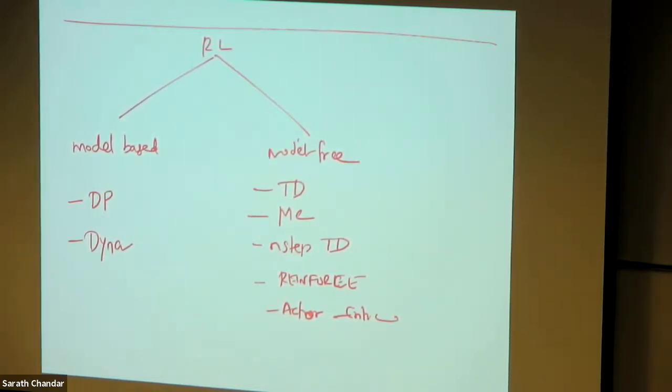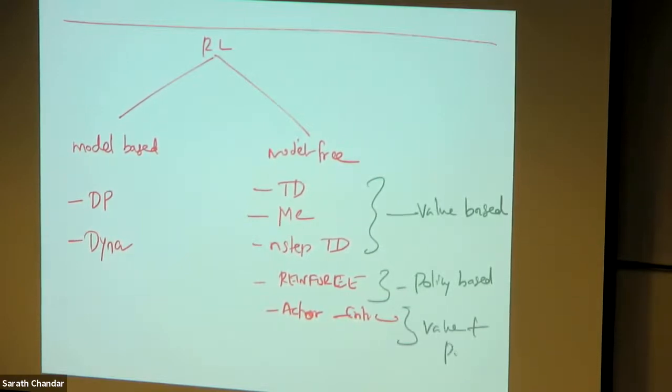This is one categorization. The other categorization is whether you are learning the value function or you're learning the policy. These methods learn the value function, so they're value based. REINFORCE is an example of policy based, and actor critic is in fact a combination of value plus policy.